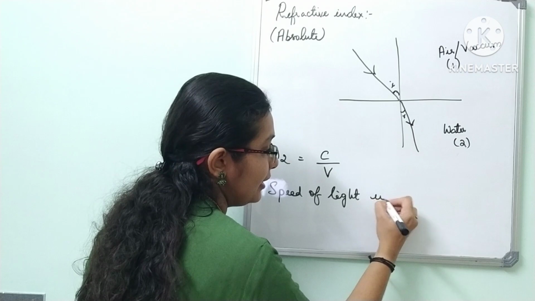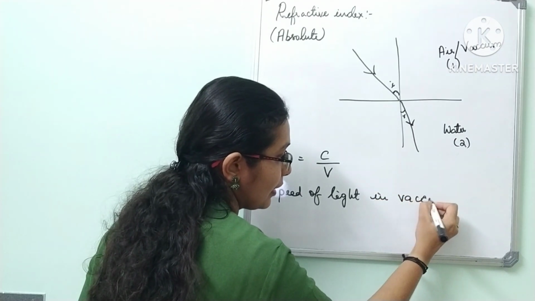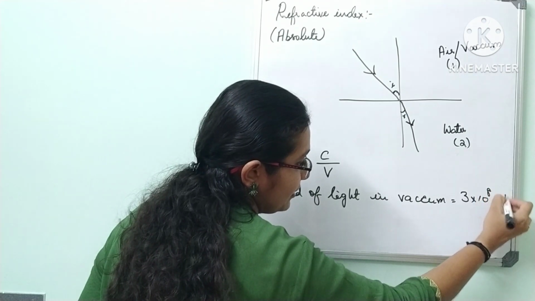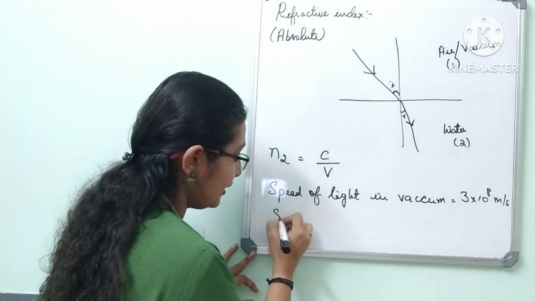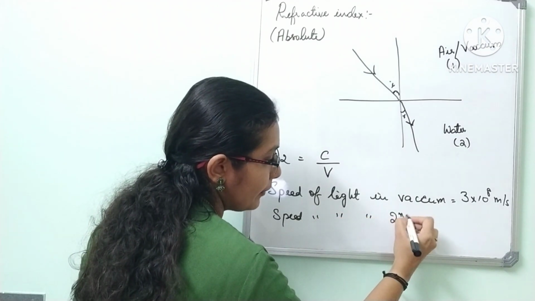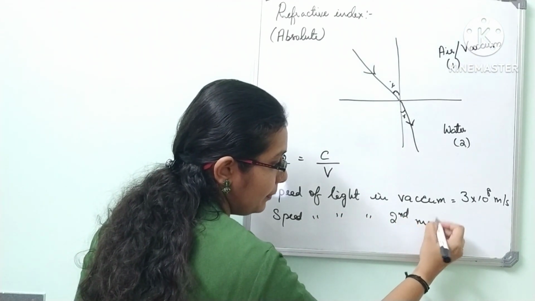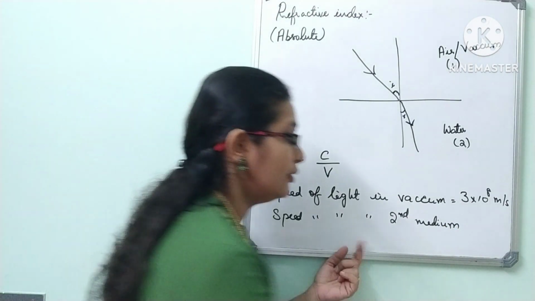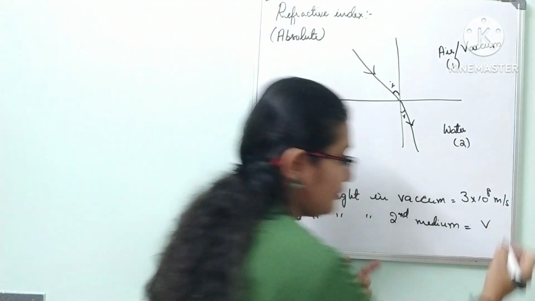Speed of light in vacuum is equal to 3 into 10 power 8 meter per second. And V is nothing but the speed of light in the second medium. It may be glass or water or some other medium. You understand? So that value you will consider as V.